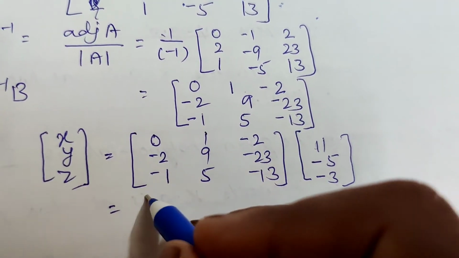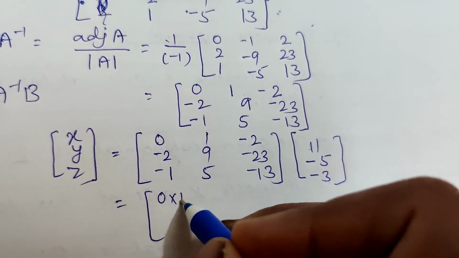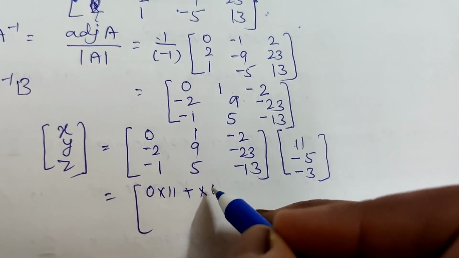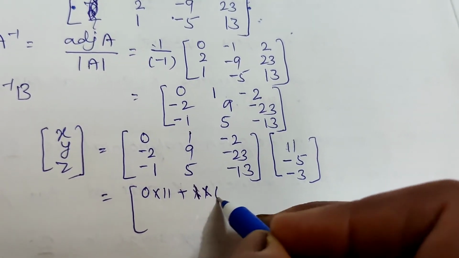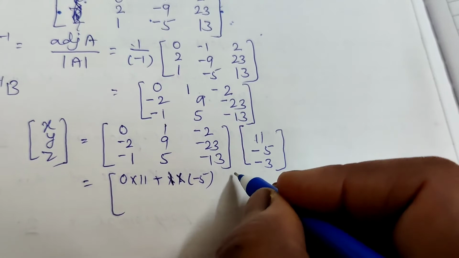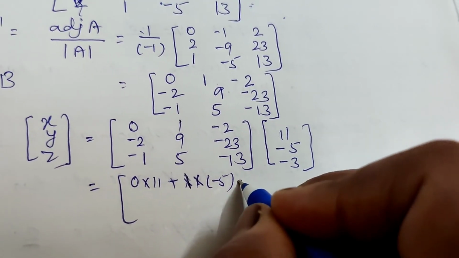0 into 11, 1 into minus 5, and minus 2 into minus 3.